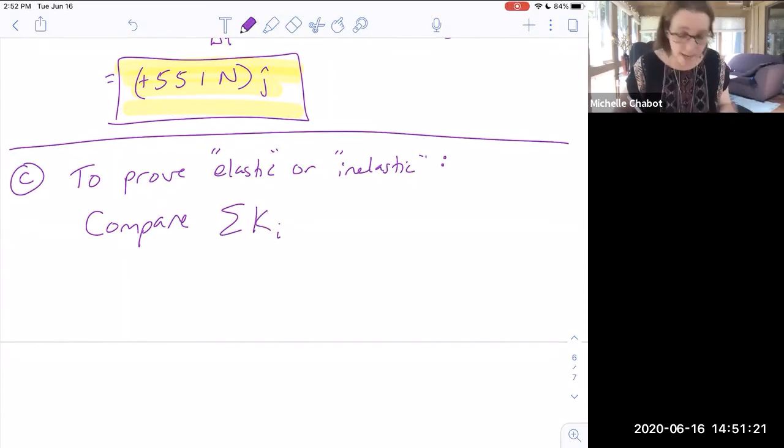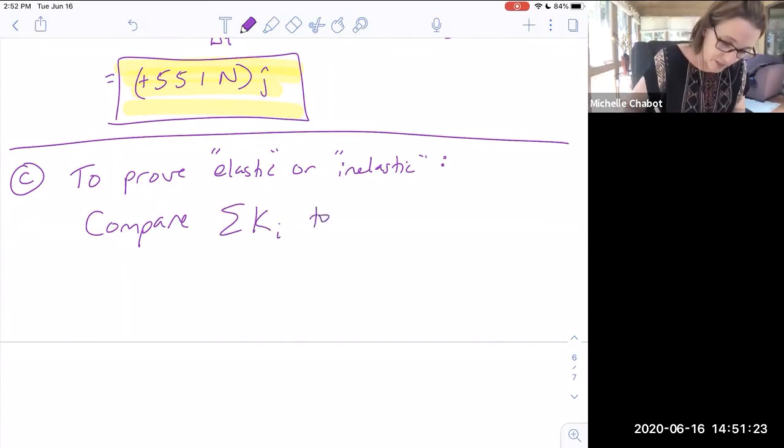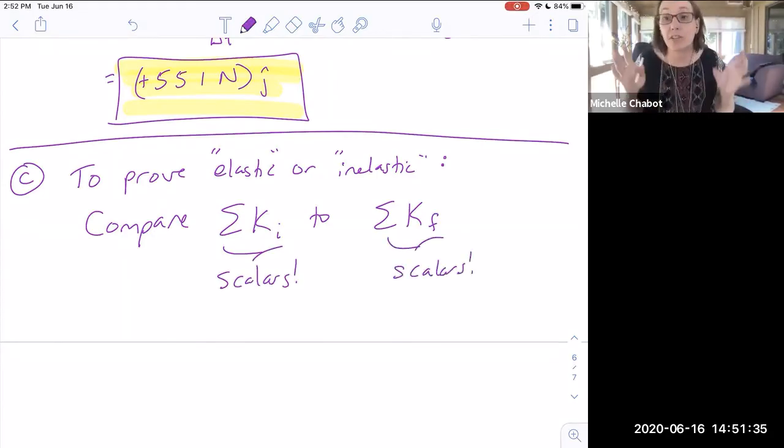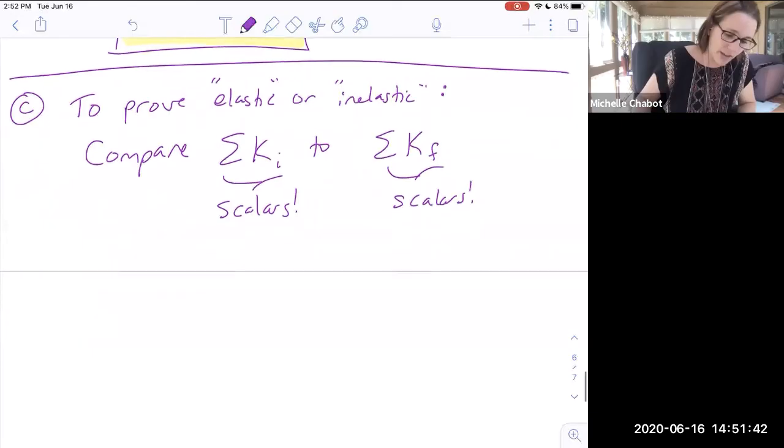Now this is a scalar, to the sum of all final kinetic energies. If they're the same, then it's elastic. If you've lost energy, then it's inelastic. So let's see how that turns out here.